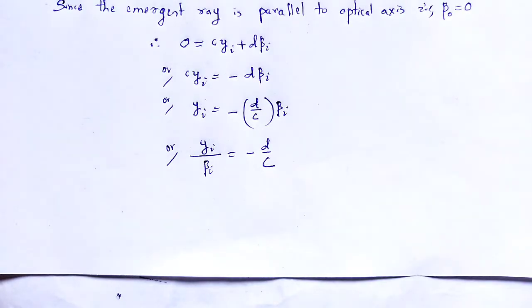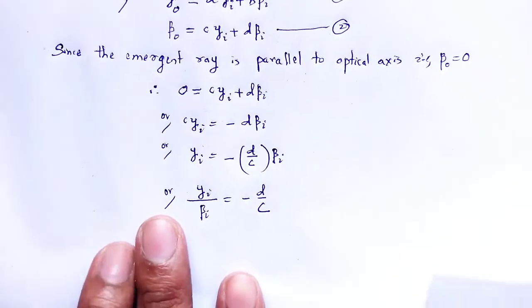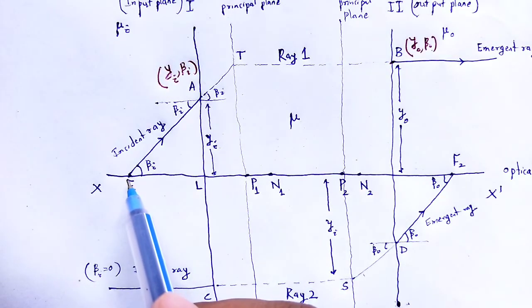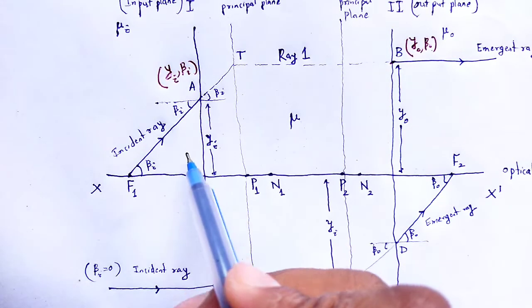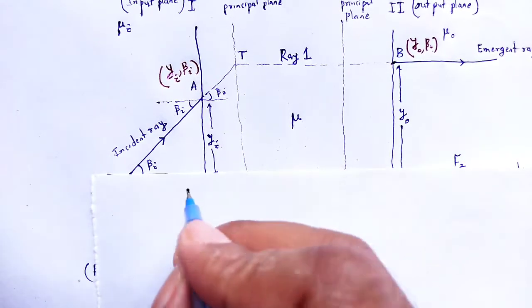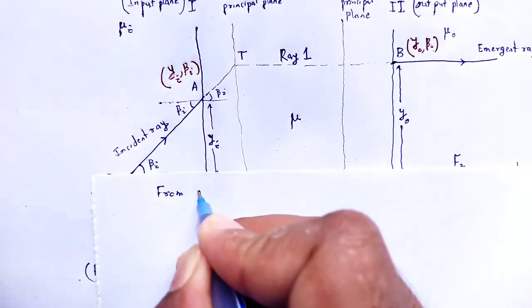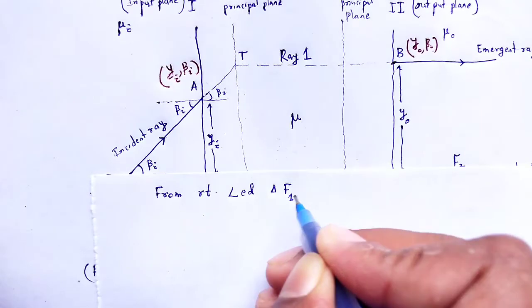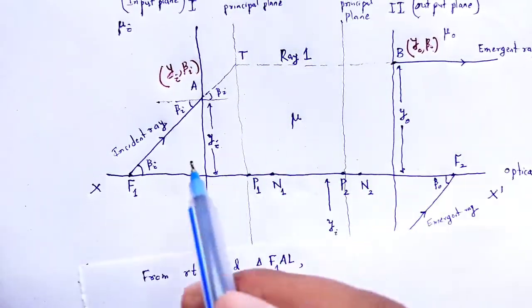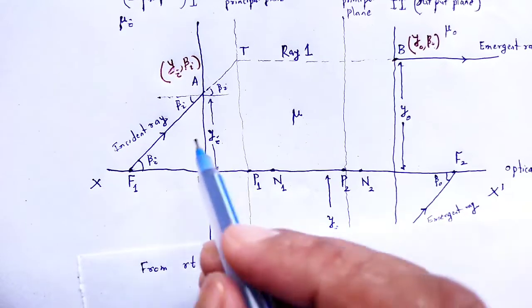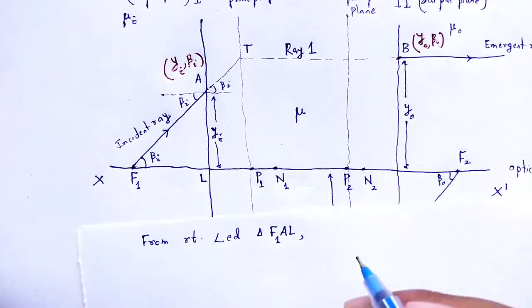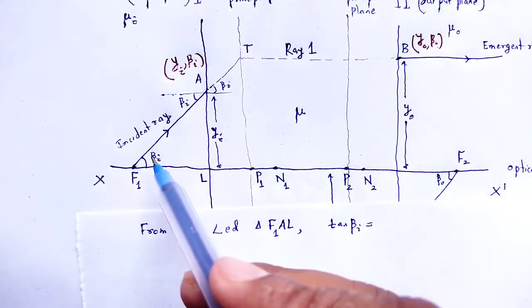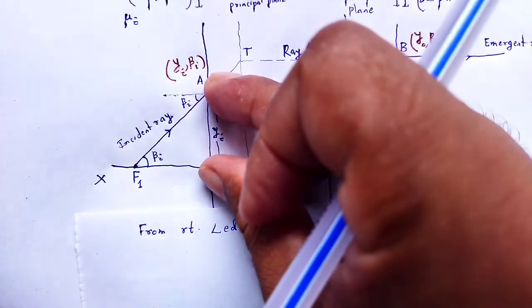Okay, now look at that figure here. From the right angled triangle F1 AL, tan of beta i, tan of this angle is equal to perpendicular to base.